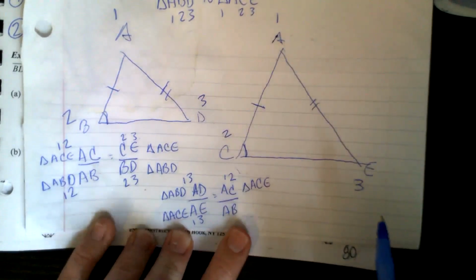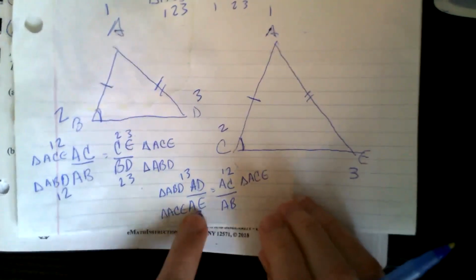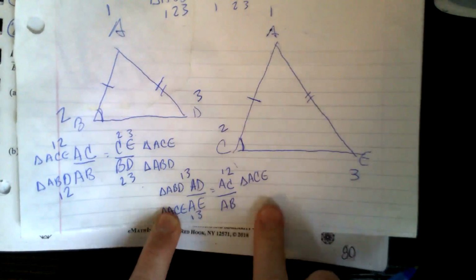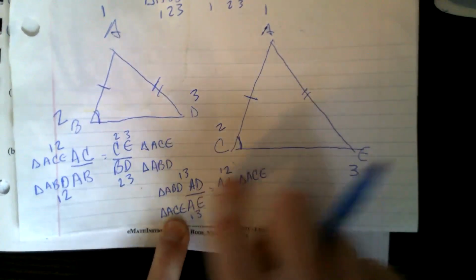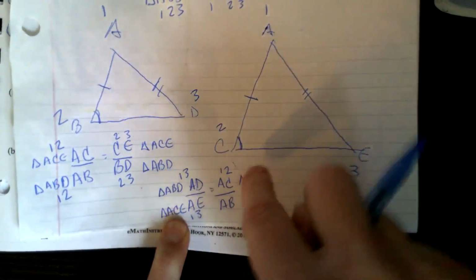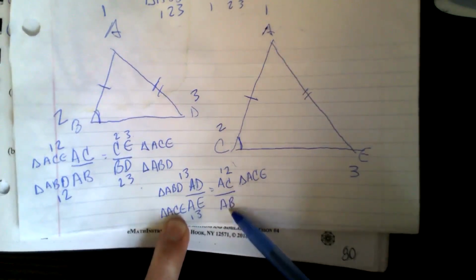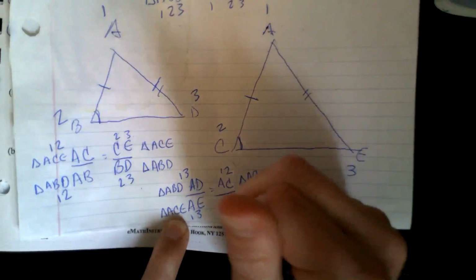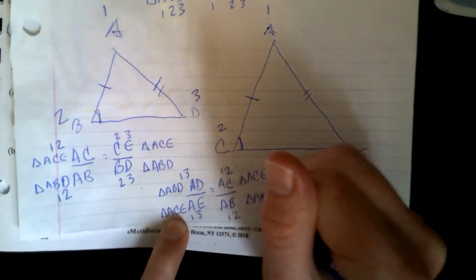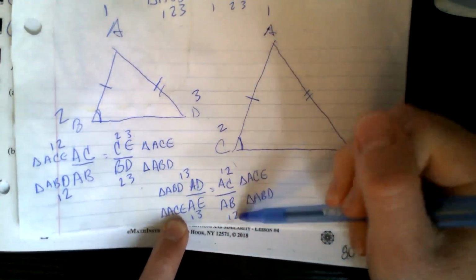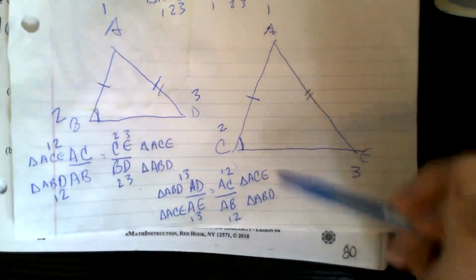Now we have a problem here. AE is from triangle ACE and it's on the bottom, and AC is also from triangle ACE and it's on the top. It's supposed to be on the bottom. Even though these sides match up, they're from two different triangles.